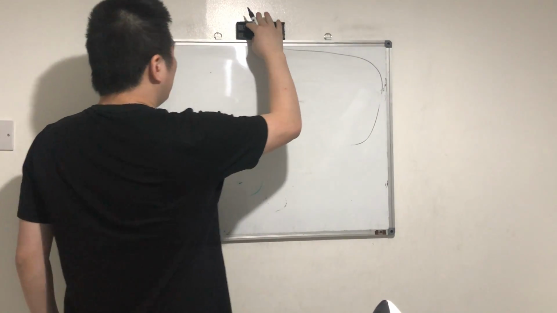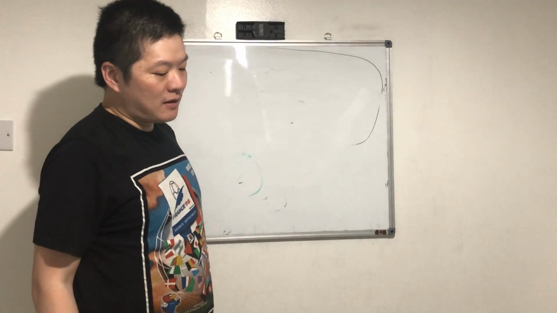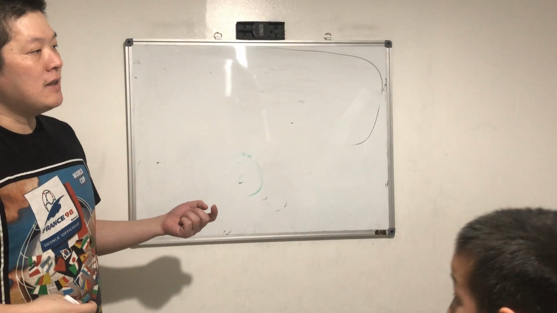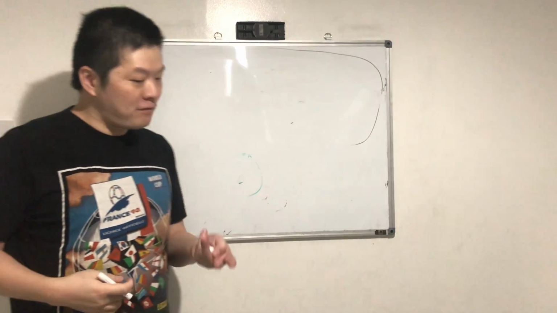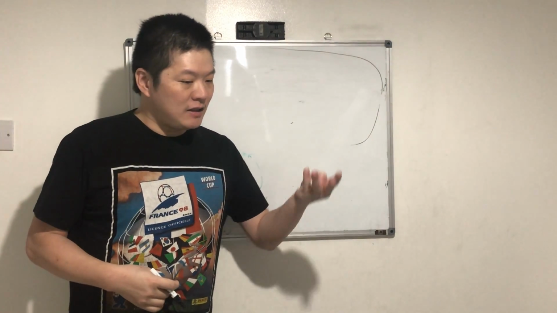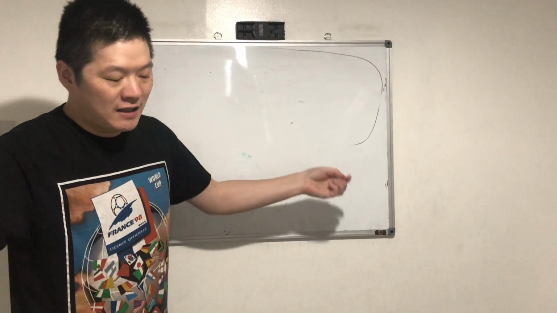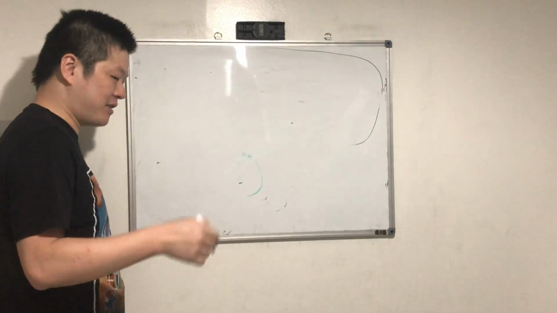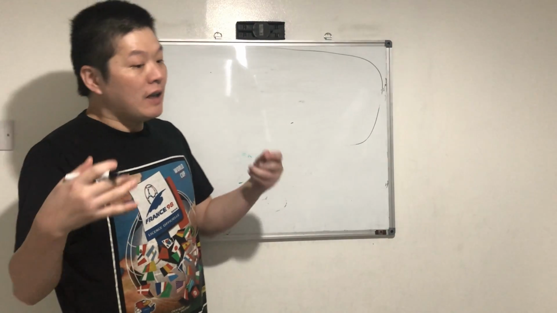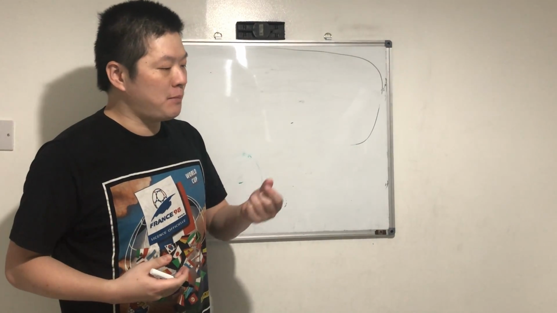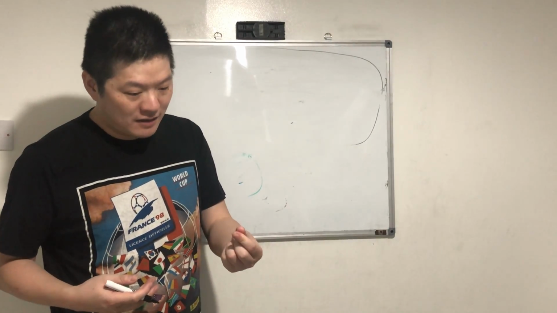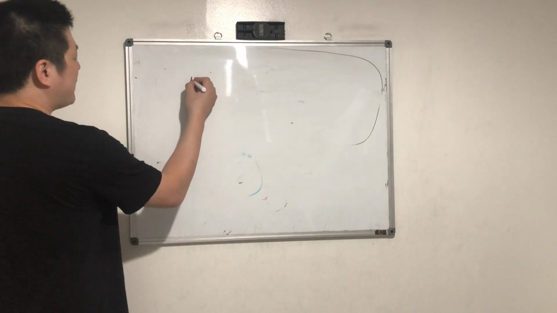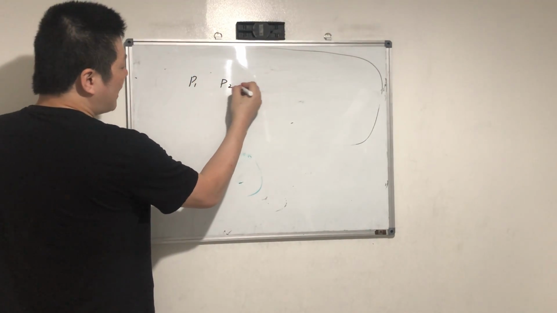Look, let's say, how can we prove it's unlimited? It's very hard, but I'll show you. If we assume the prime numbers are limited, let's say they are P1, P2 until Pn.